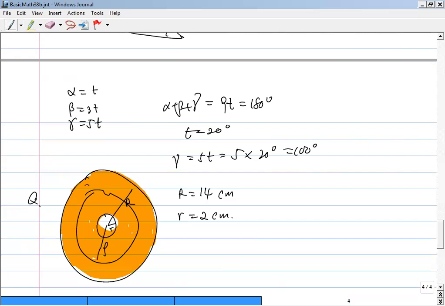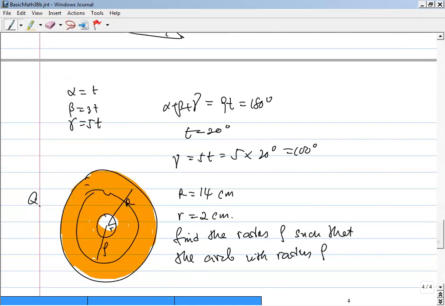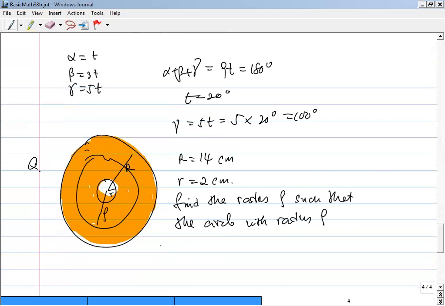I hope this circle divides the shaded region into 2 equal parts. Find the radius rho such that the circle with radius rho divides the shaded region equally.